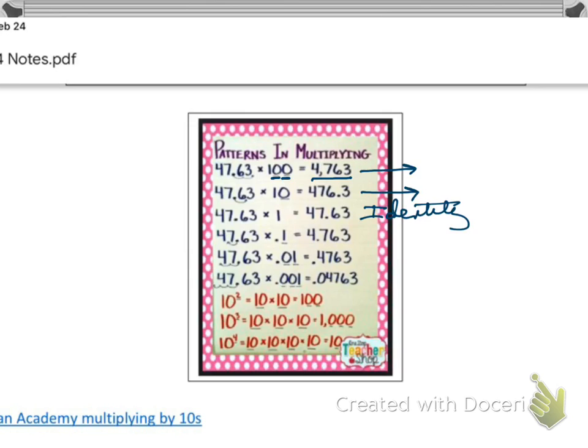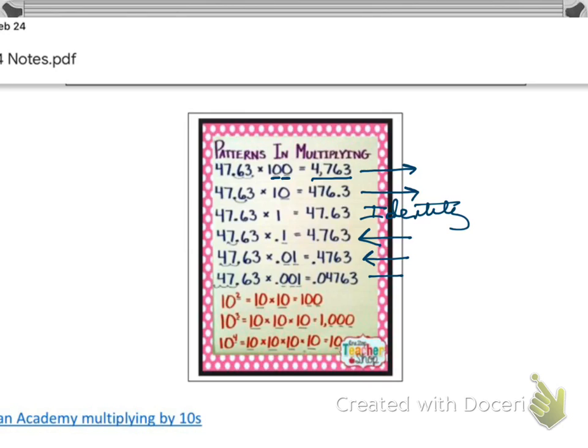Okay, now this is 1/10. So when you multiply by 1/10, you're going to move your decimal one place to the left, making your number smaller. When you multiply by 1/100th, you're going to move your decimal places 2 to the left, making your number even smaller.